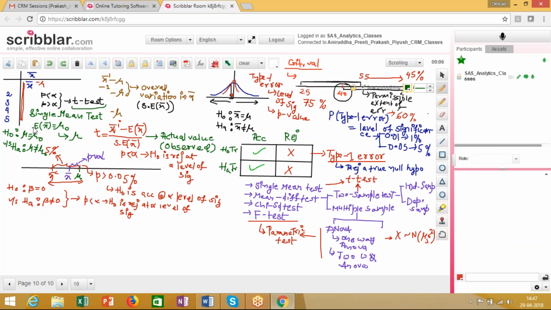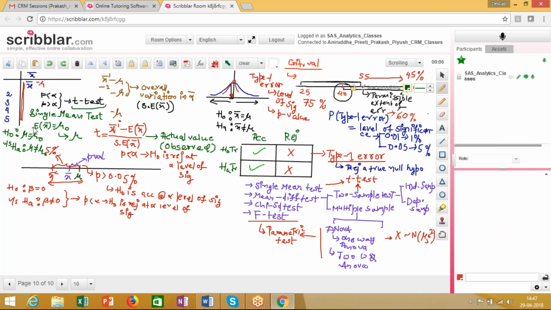But the question that comes out over here is, is the difference that I can see between mu and mu 0 significant? I consider a difference worth considering only if it is a significant difference. However, there might be certain observable or observed difference between mu and mu 0.